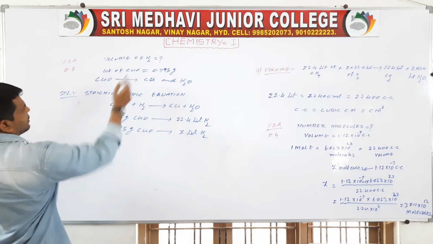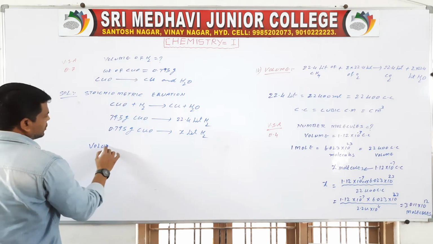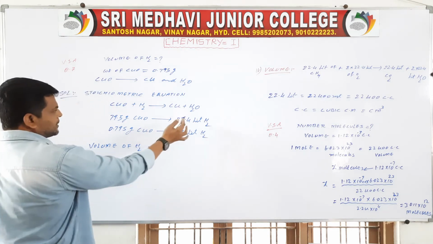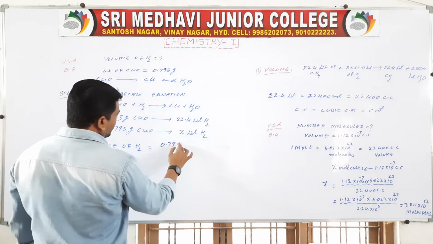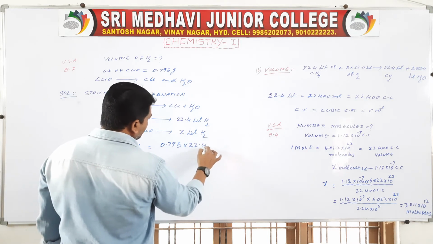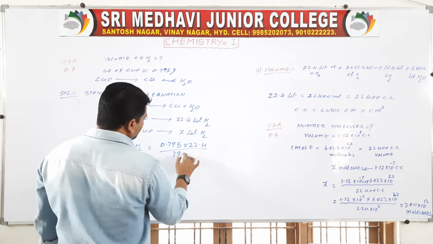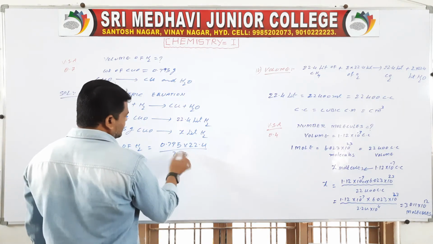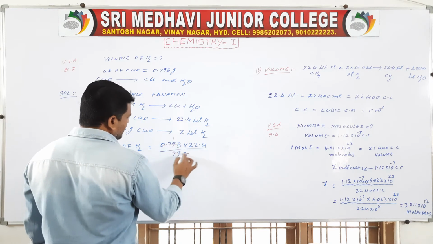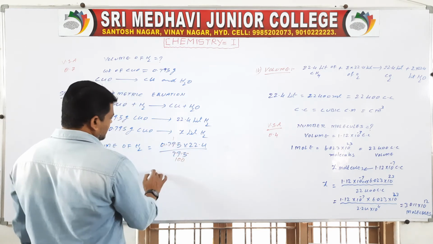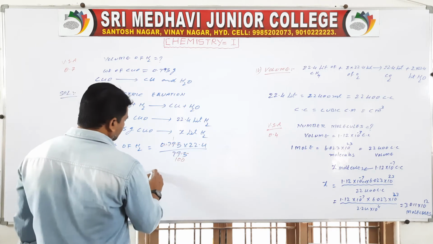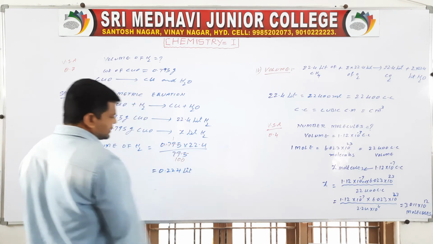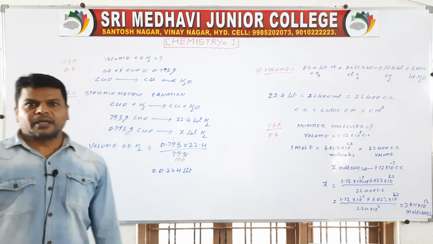X is nothing but the volume of H2. So volume of H2 equals, by cross multiplication, 0.795 into 22.4 by 79.5. Cancel this, and it is 0.224 liters. This is the volume of H2.